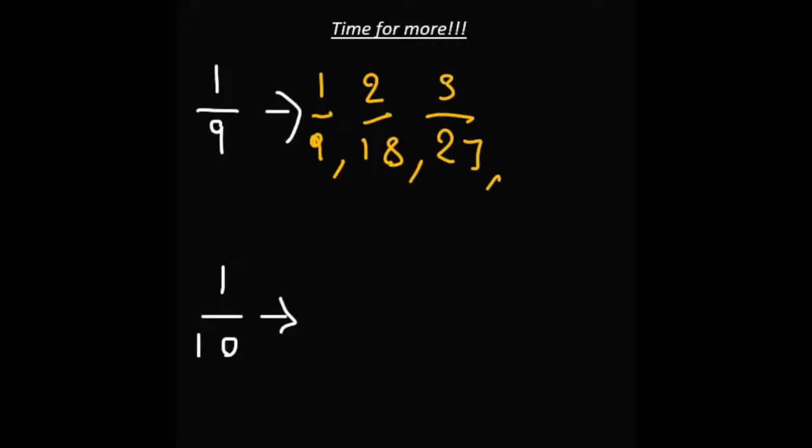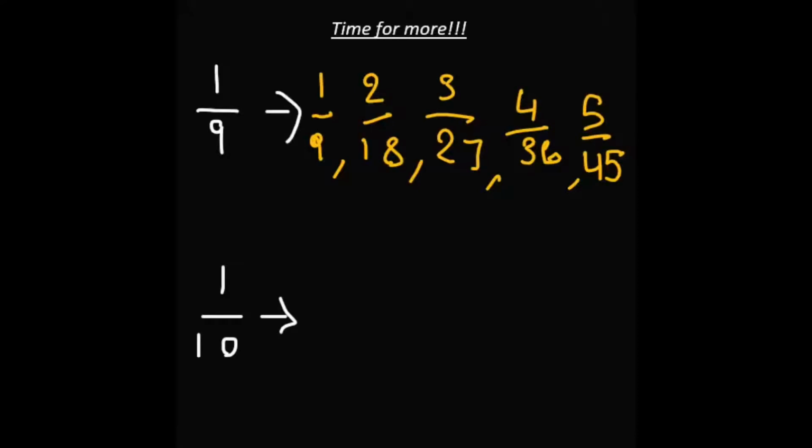Next we have 9 times 4, which is 36. 4 times 1 is 4. Next we have 9 times 5, which is 45. And then 5 times 1 is 5.